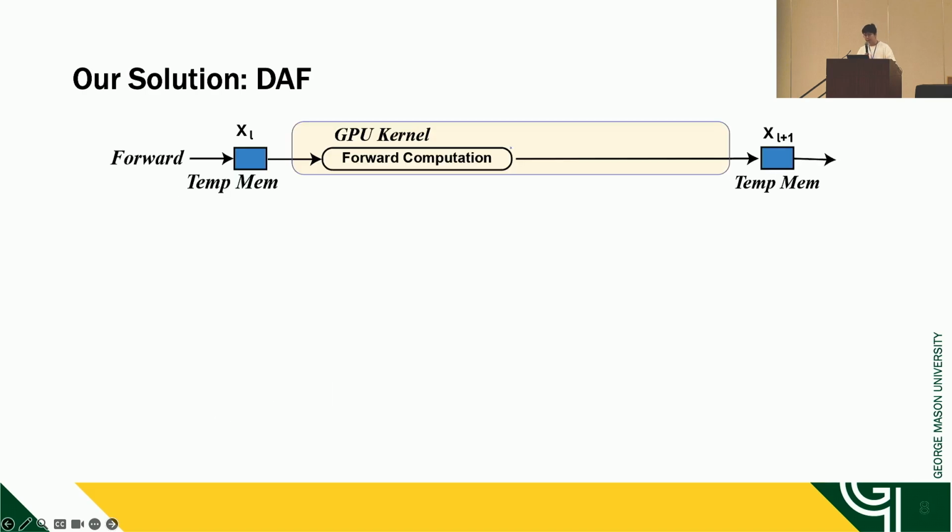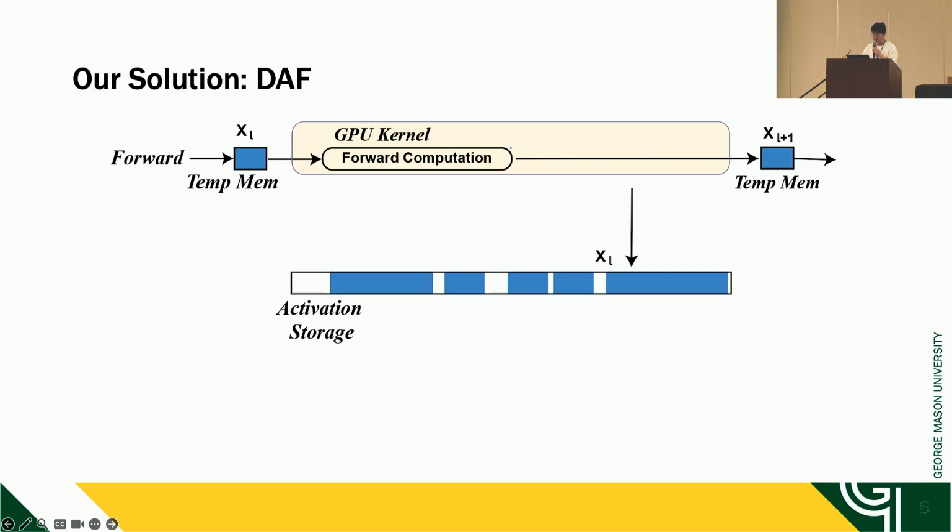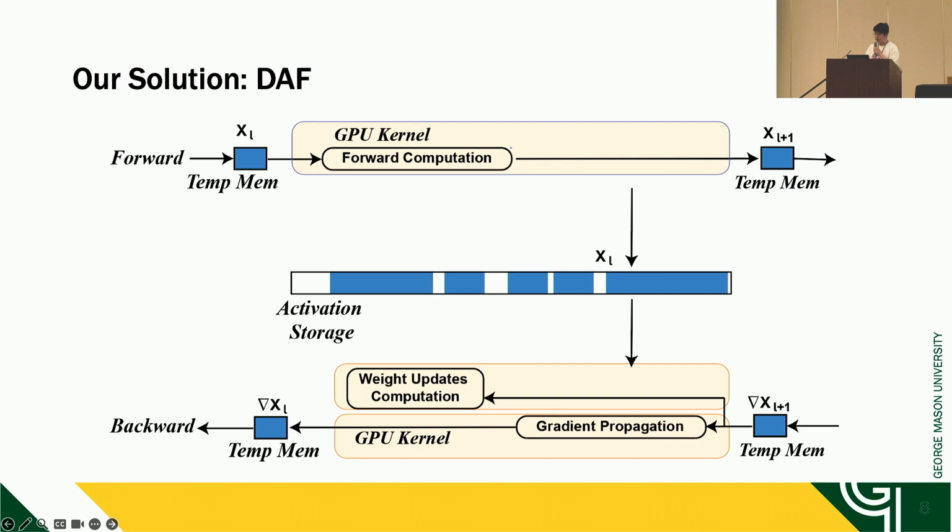In standard training, during the forward pass, each layer computes output for the next layer and then stores its input as an activation. During the backward pass, these activations are used to compute gradients. To quantize activations, we need the reduction statistics, like the mean and max value of each tensor.